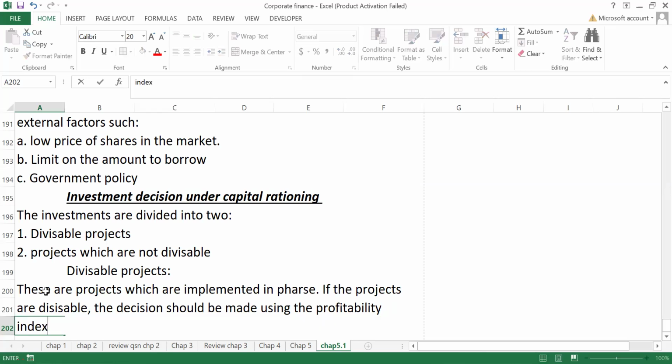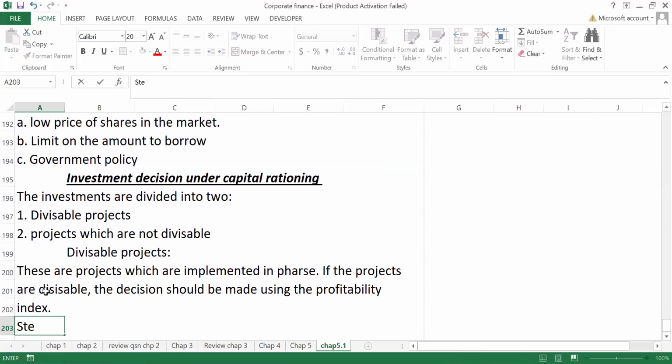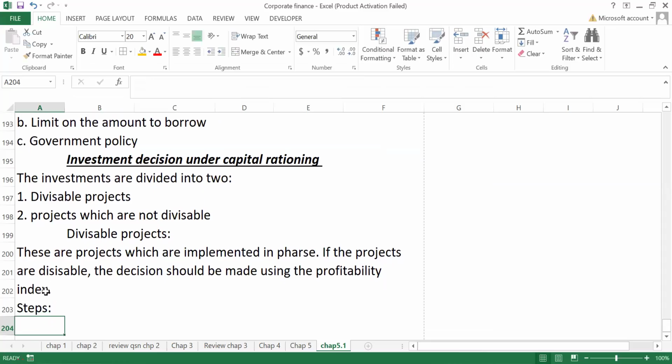Now, if you have divisible projects, you are going to make the decision using the profitability index. So what you are going to do, maybe the steps: rank the projects, or compute the profitability index. Compute the PI of each project. That's the first step.